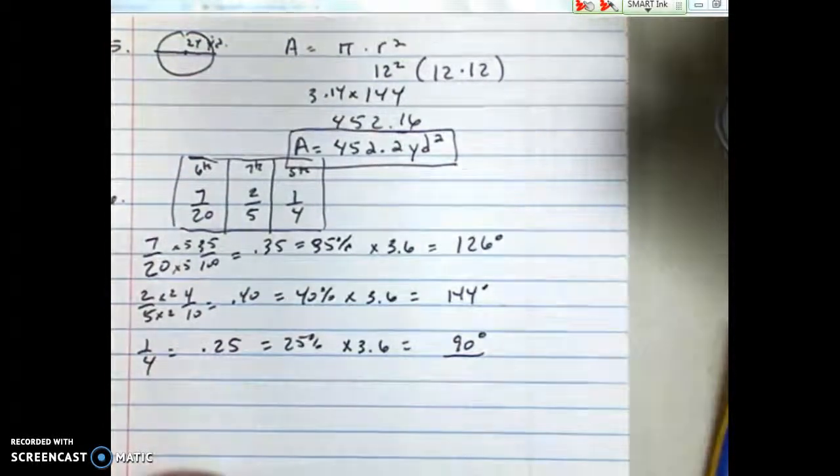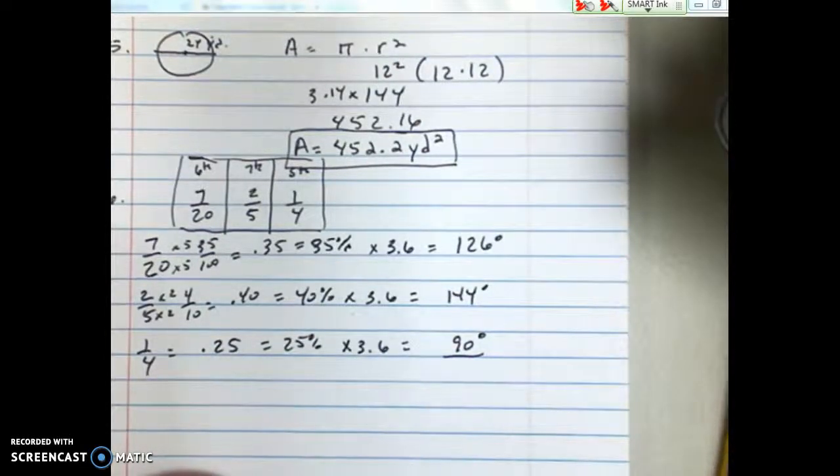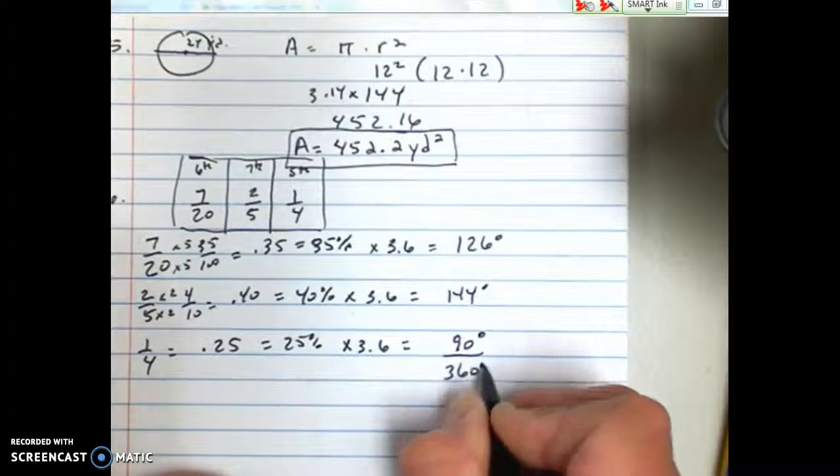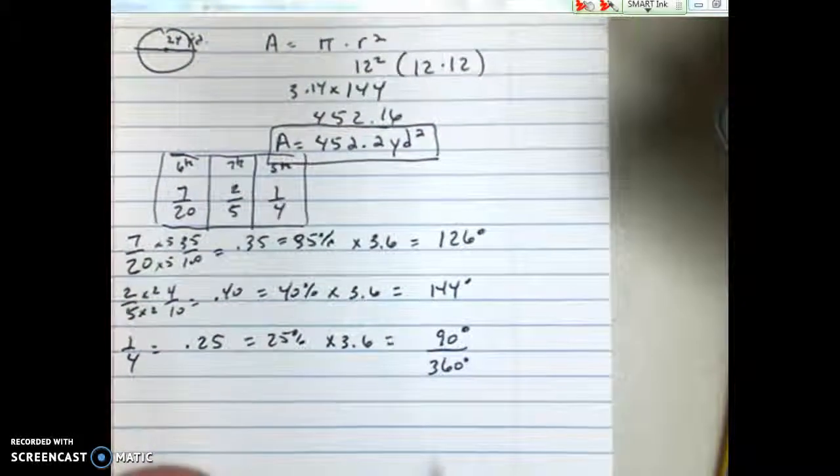And if we add those three together, 126 plus 144 plus 90, that actually gives us exactly 360 degrees. So we know that that completes our circle.